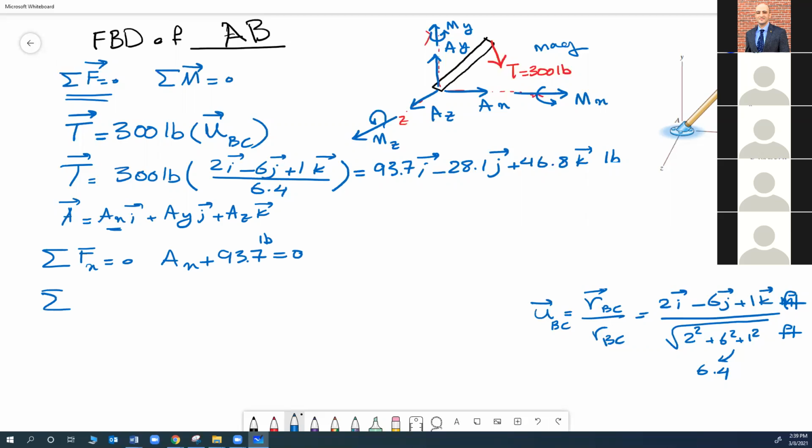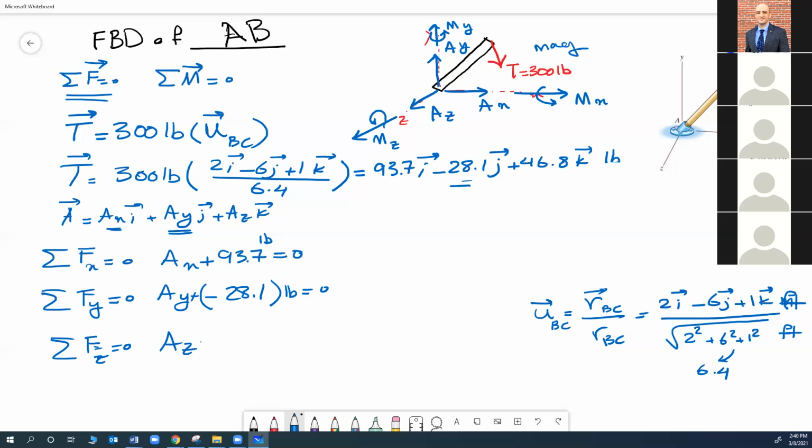Summation of forces in Y equals 0, means all the J's. I have AY and I do have this. So AY minus 28.1. You know what? Let's write it this way, so when you guys review it, you remember. Pounds equals 0. And lastly, summation of forces in Z direction equals 0.